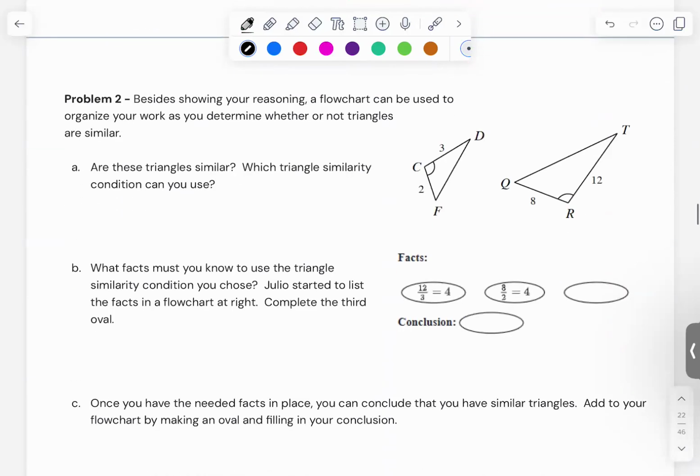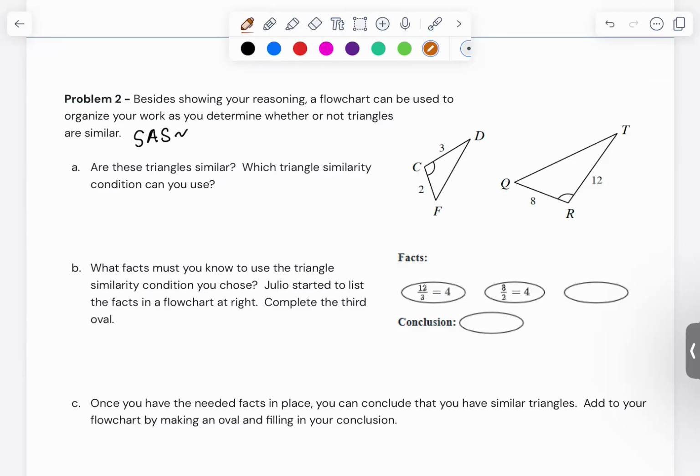Okay, problem 2. In this problem, we are going to be using side angle side similarity, which I know we haven't really talked about, but I think as I go through this problem, you'll kind of see what it is. And it's really important that that A is in the middle, and it's actually in the middle for a reason because the angles that we are comparing are in between the two sides that we're comparing.